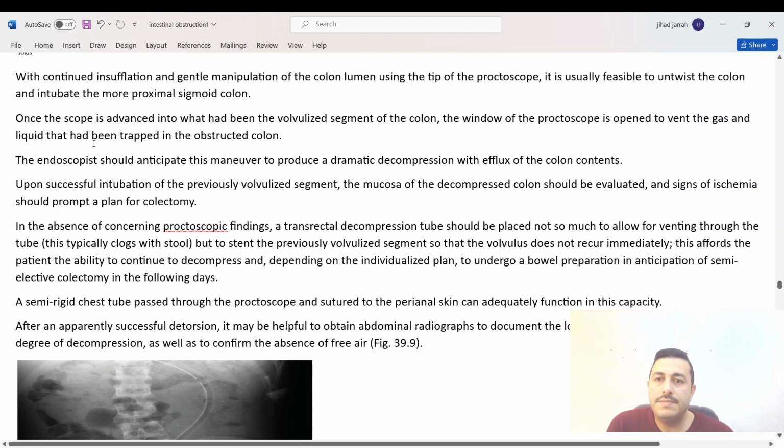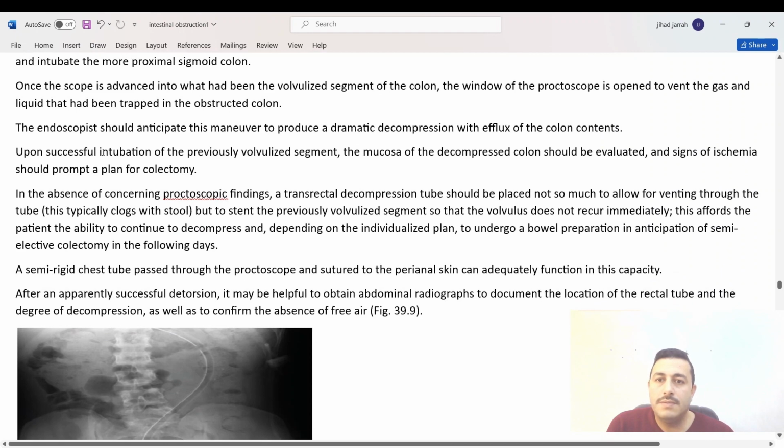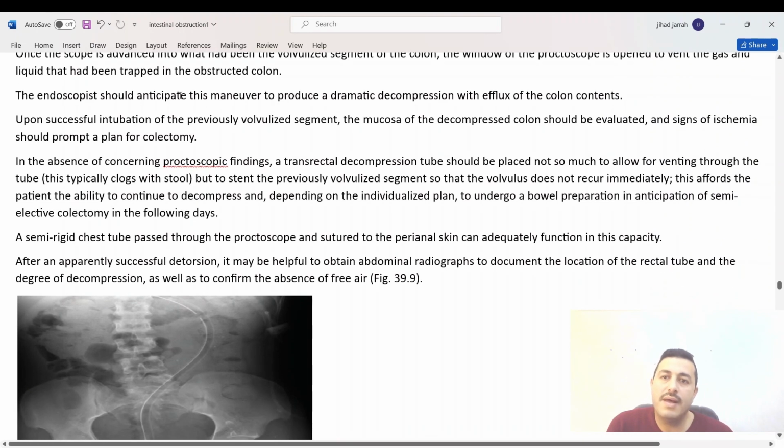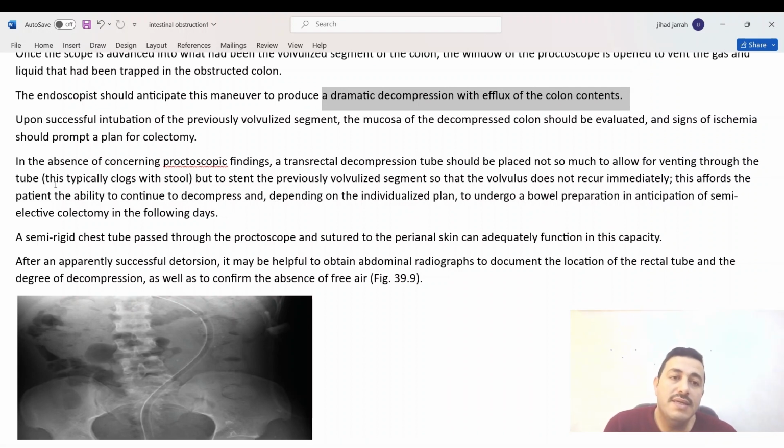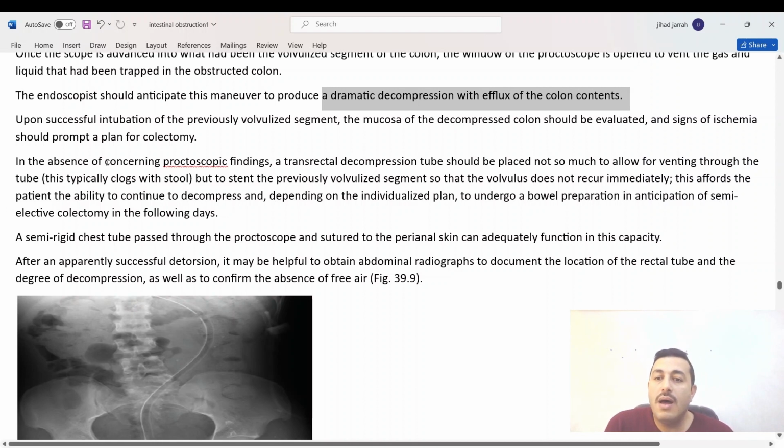Okay, we said that there will be a dramatic decompression with efflux of colon content. Okay, did we finish? The answer is no. We have to proceed with a tube.